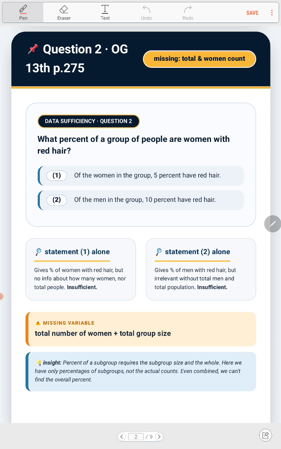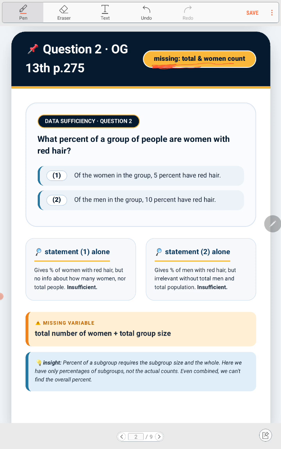For this presentation, I want to focus on the missing variable as the basis of determining whether a statement is sufficient or not. For each of these questions, I will present a missing variable and use this as the basis for our answer.